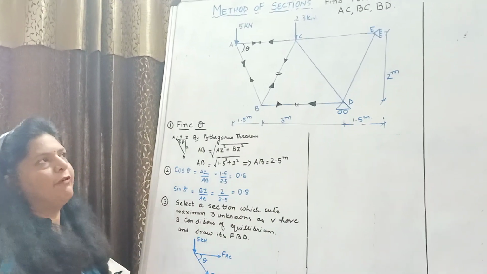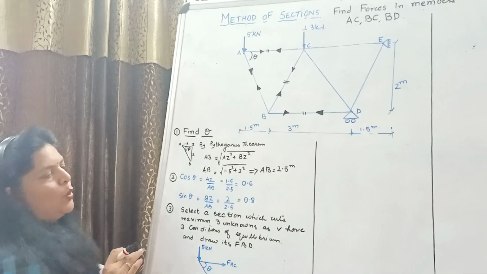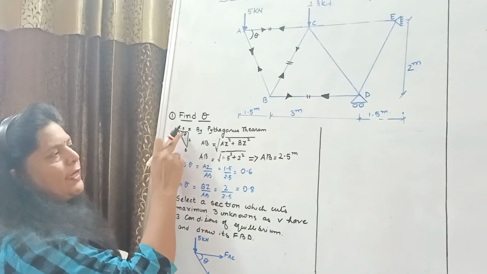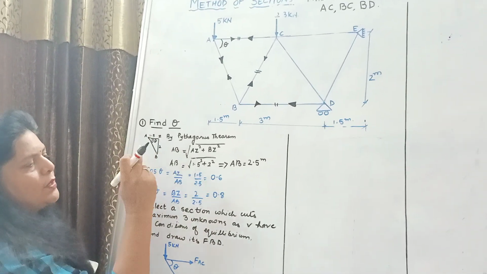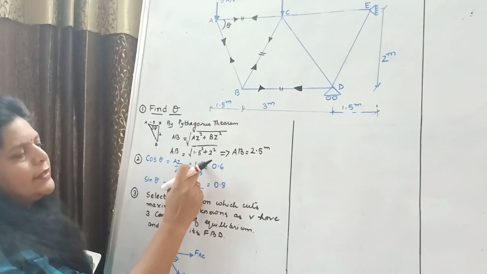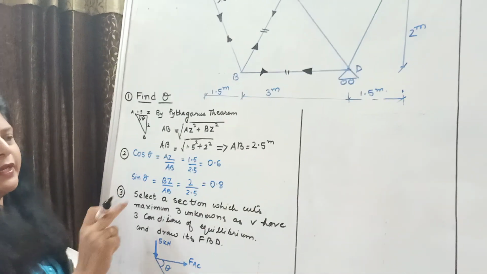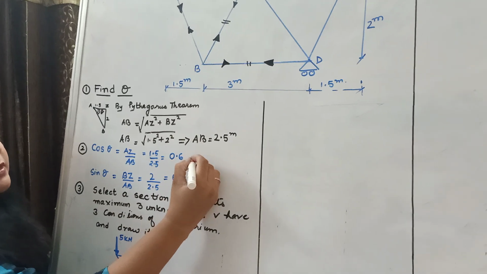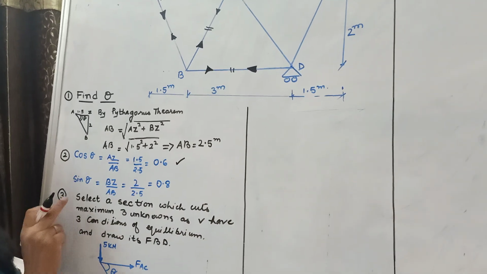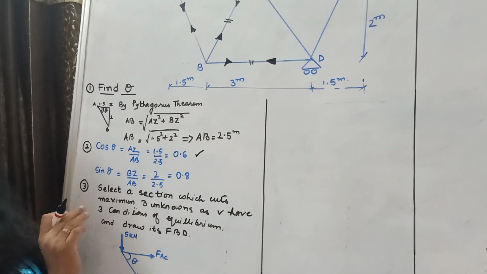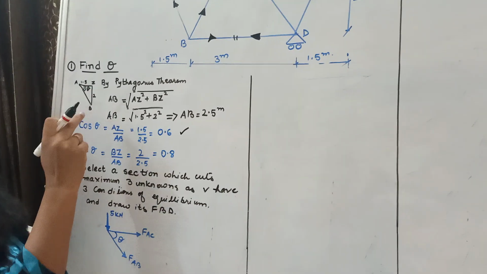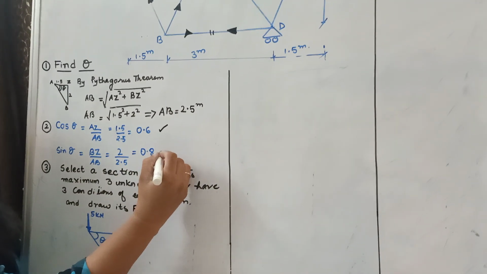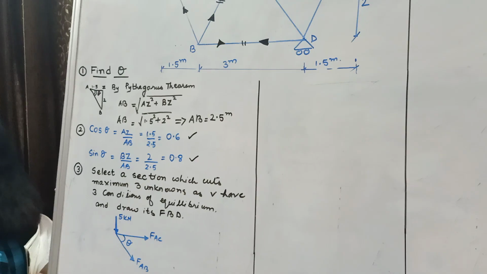Now I can easily find cos theta and sin theta. Cos theta is adjacent side upon hypotenuse. The hypotenuse is 2.5 and the adjacent side is 1.5, so we get cos theta as 0.6. Similarly, sin theta is opposite side upon hypotenuse. The opposite is BZ and the hypotenuse is AB, so we get it as 0.8.